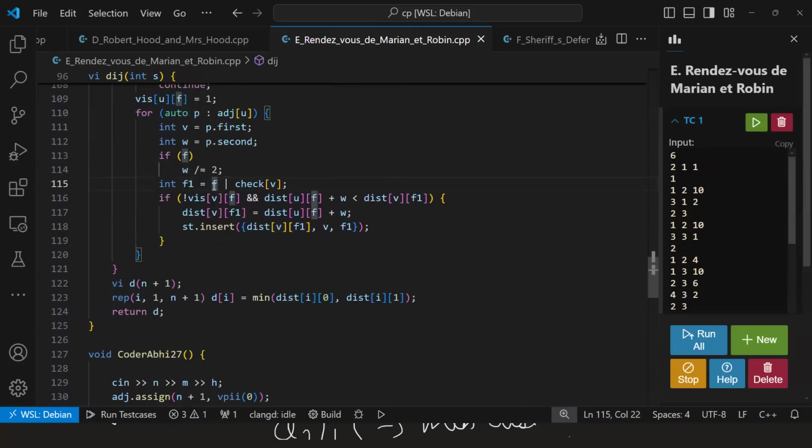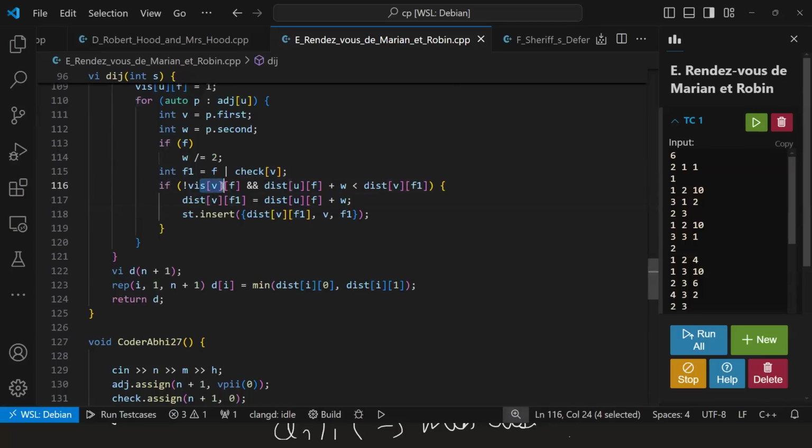So if we already have a horse, then we will reach V with a horse only. Or if there is a horse available at V, then also we would reach V with a horse. So F1 is F or horse at V: either I already have a horse or I have a horse at V, then I am reaching V with a horse. F1 is for V, F is for U.